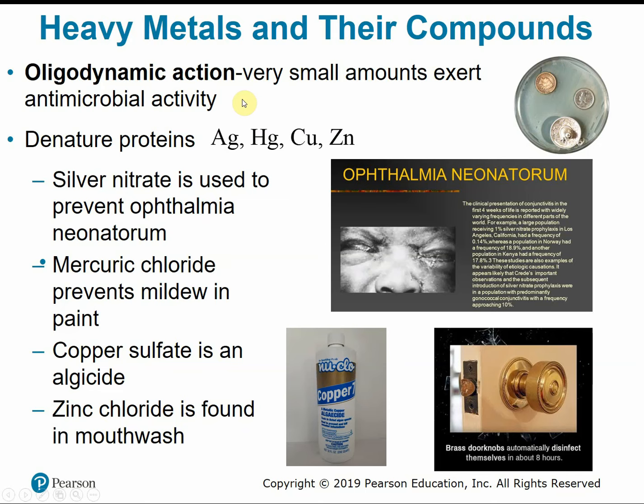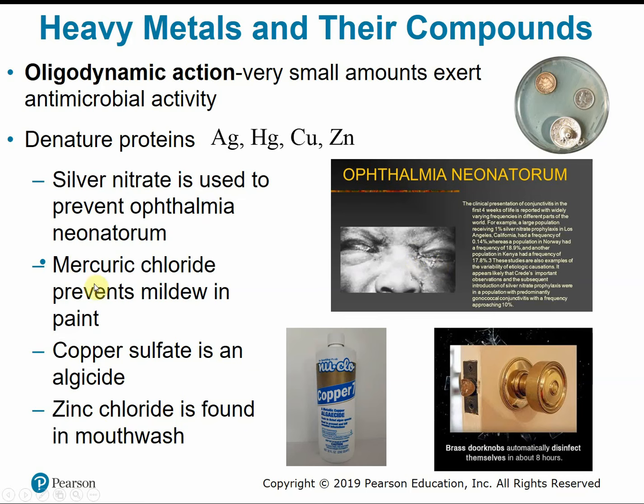Heavy metals and their compounds work by oligodynamic action. It only takes very small amounts of these heavy metals to have an antimicrobial effect. The most commonly used ones are silver, mercury, copper, and zinc. We use silver nitrate eye drops on newborn babies to help prevent ophthalmia neonatorum, which is basically conjunctivitis in newborns.